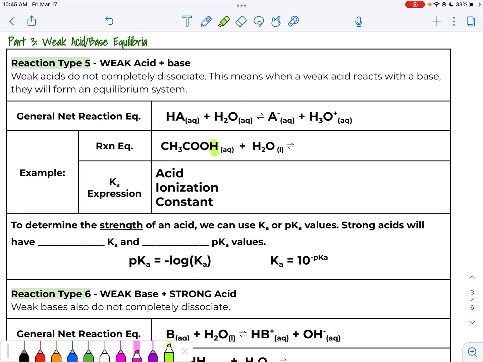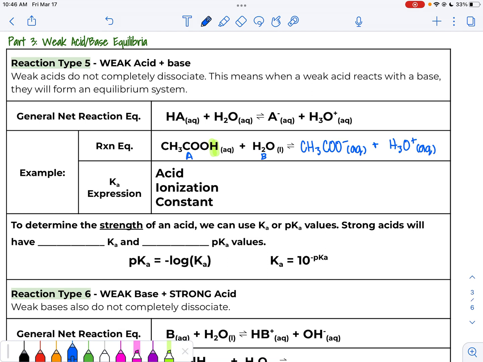That'll help us do a little bit more digging into which hydrogen will it actually lose. But for now, just know that's why it's written like that. So here's our acid reacting with water as our base. This thing's going to lose its proton, donate it to form CH3COO minus. This is the acetate ion. And then water is going to accept that hydrogen to form H3O+.